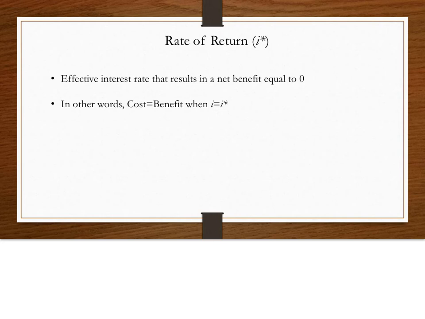The way we do this is to do a present worth net benefit or annual net benefit analysis and set the equation equal to 0, except we leave the interest rate I as a variable. We then solve for I. This interest rate we solve for is our rate of return.